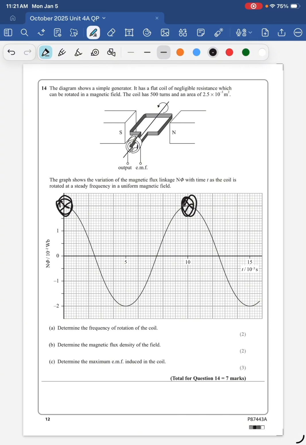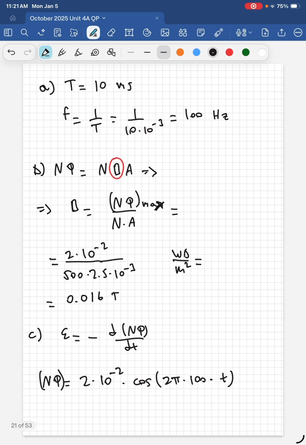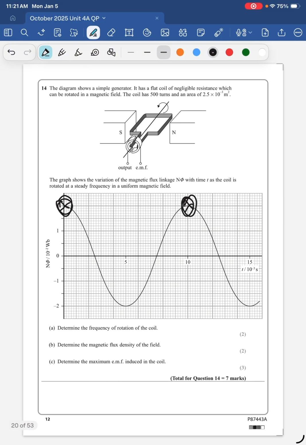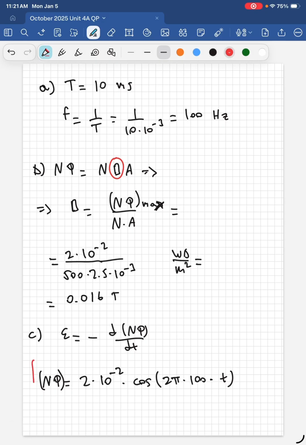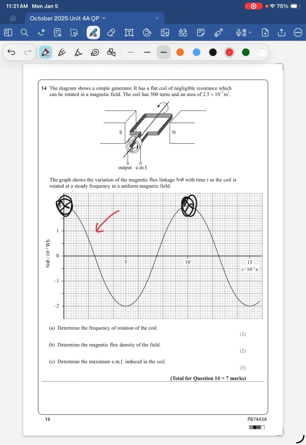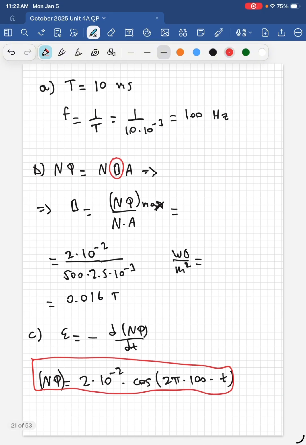And then for time equal to 5 milliseconds, we will get the cosine of pi, which is minus 1. Therefore, we will get minus 2 times 10 to the negative 2. So what I'm trying to say is that this function describes this plot.